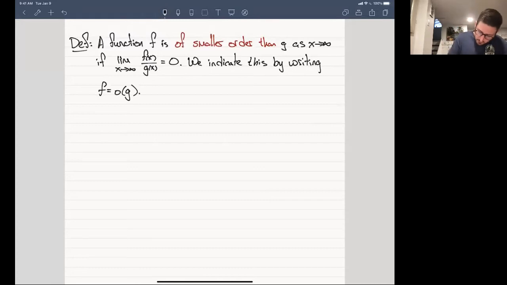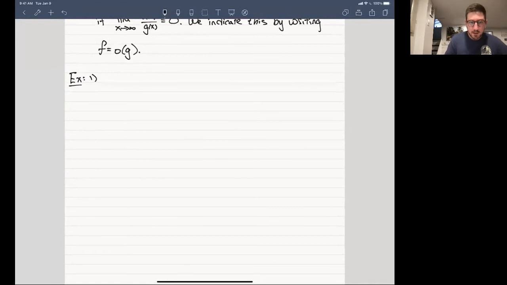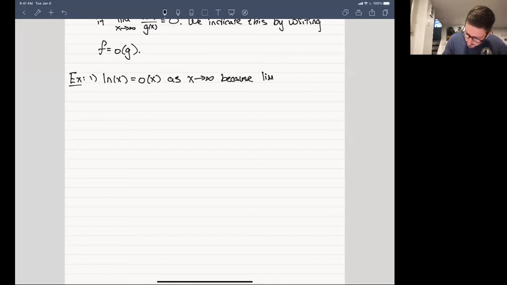So what are some examples? Well, one example might be that the logarithm is little o of x as x goes to infinity, because we've already seen that the limit as x goes to infinity of ln of x over x is equal to 0.